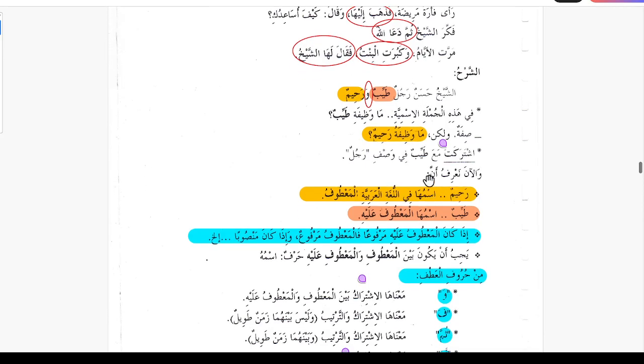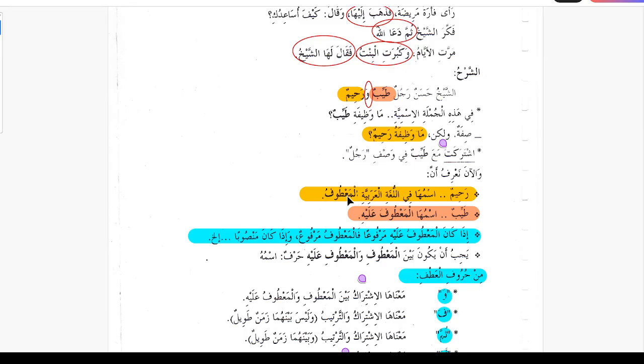Well, ana narifu anna, now we know that Rahimun ismuha fi lugat al-Arabiyya matuf. Now in the Arabic language, because this is following after wa, this is called matuf. This is the connecting word, and it is connecting to tayyib, so tayyib is called matuf alayh.